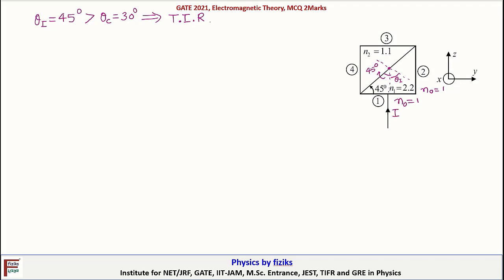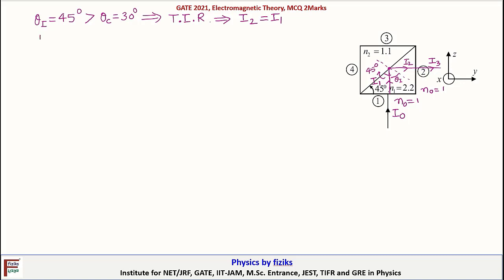So if this intensity is I naught, let's assume this intensity will be I1, and then again this intensity is I2, and this intensity is I3. So you can see because of total internal reflection, intensity I2 will be equal to I1.